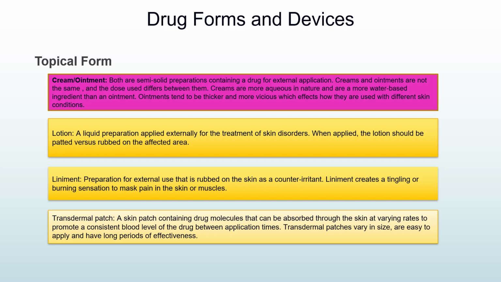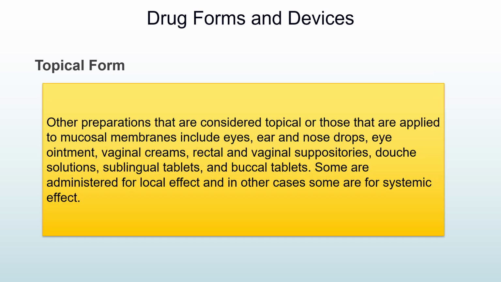Transdermal patch. So this is a skin patch that contains drug molecules that can be absorbed through the skin at various rates to promote a consistent blood level of the drug between application times. Transdermal patches vary in size, they're easy to apply, and have long periods of effectiveness.